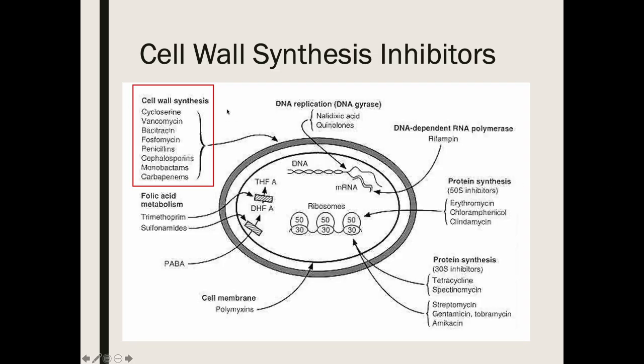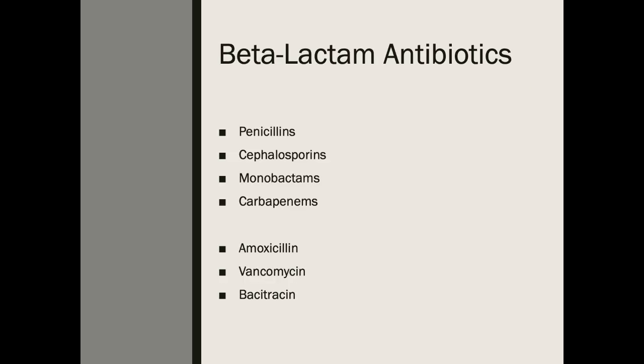Looking at this box right here, you might already recognize a couple of these. We see vancomycin, we see bacitracin, we see penicillin. These are some cell wall synthesis inhibitors, and the big category here is our beta-lactam antibiotics. So these are our penicillins and cephalosporins and monobactams and carbapenems.